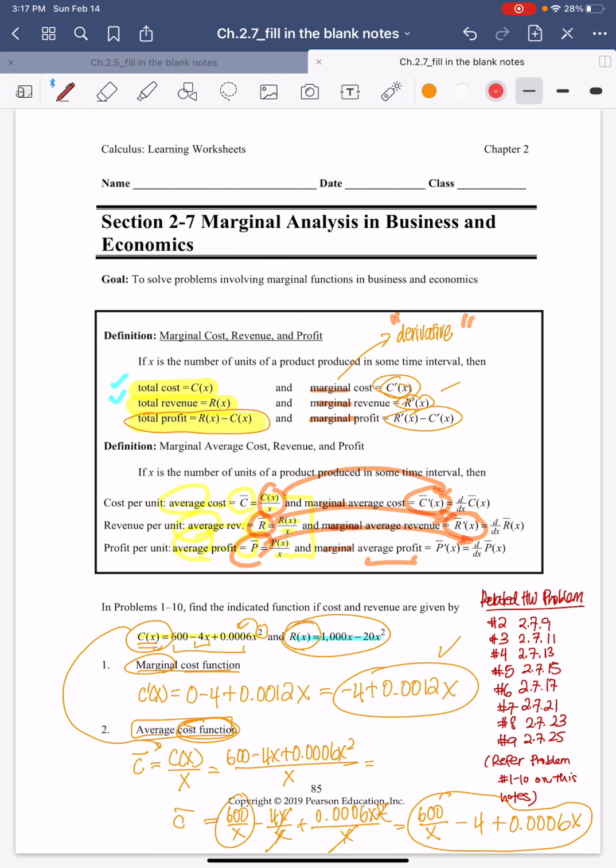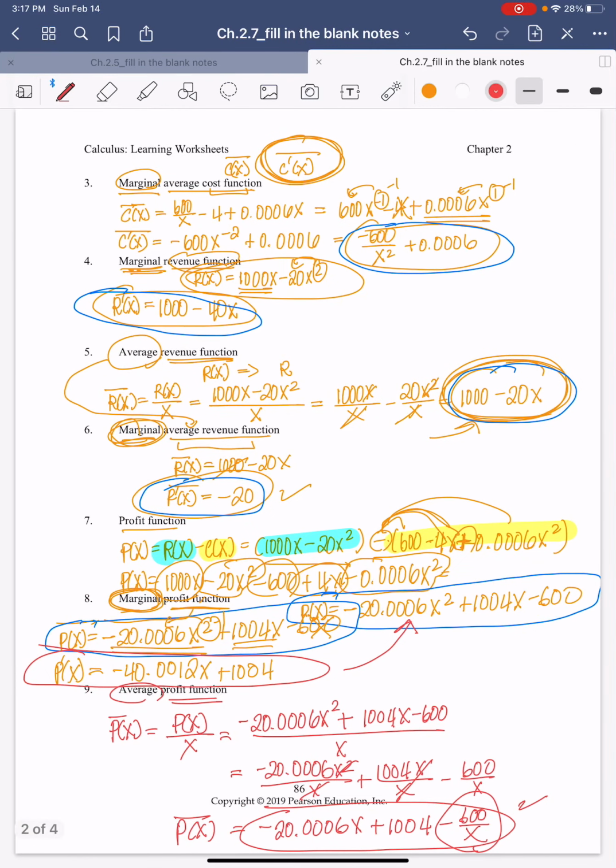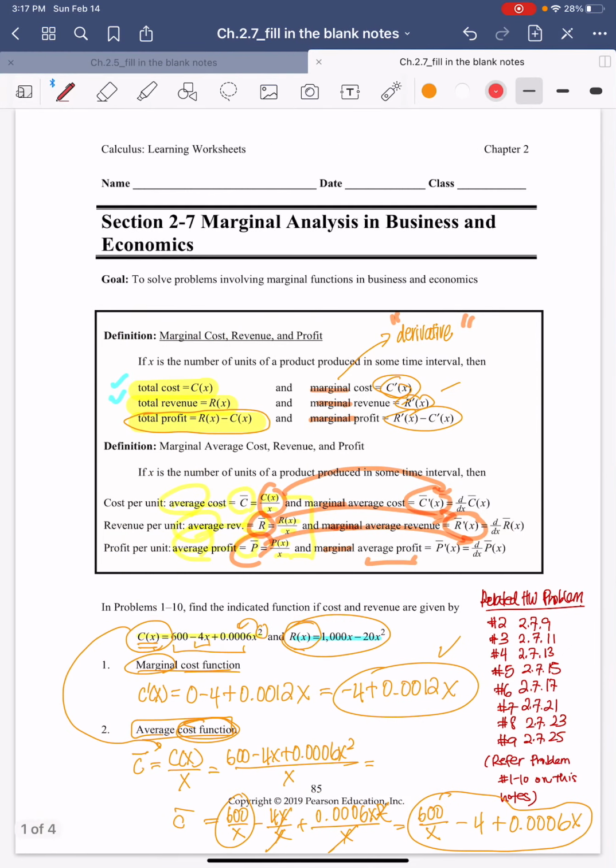So hopefully by doing these 10 exercises and looking for keywords and key terms, you feel a little better with all these terms. I went through 1 through 10, so your related homework problems are numbers 2 through 9, and they may go out of order. Oh, I give you the cost function, find the marginal average cost. So those are your exercise problems.